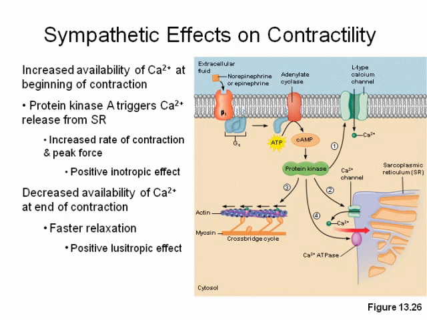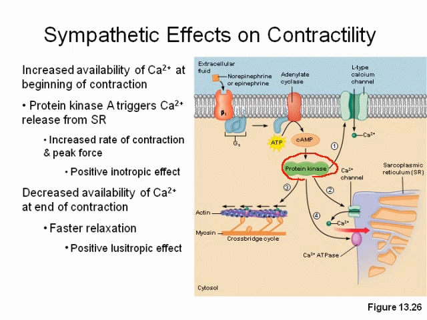Sympathetic effects on contractility. We're basically going to increase calcium at the beginning of contraction. So we have norepinephrine or epinephrine binding to beta-1 receptors, stimulating Gs. This is just like we saw before in terms of rate. Increasing the amount of cyclic AMP available, and that's doing several things.